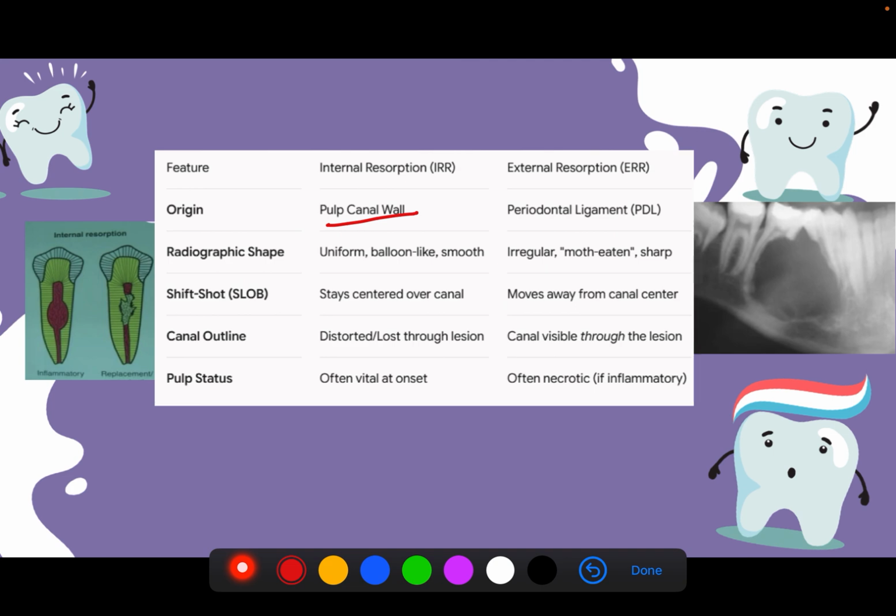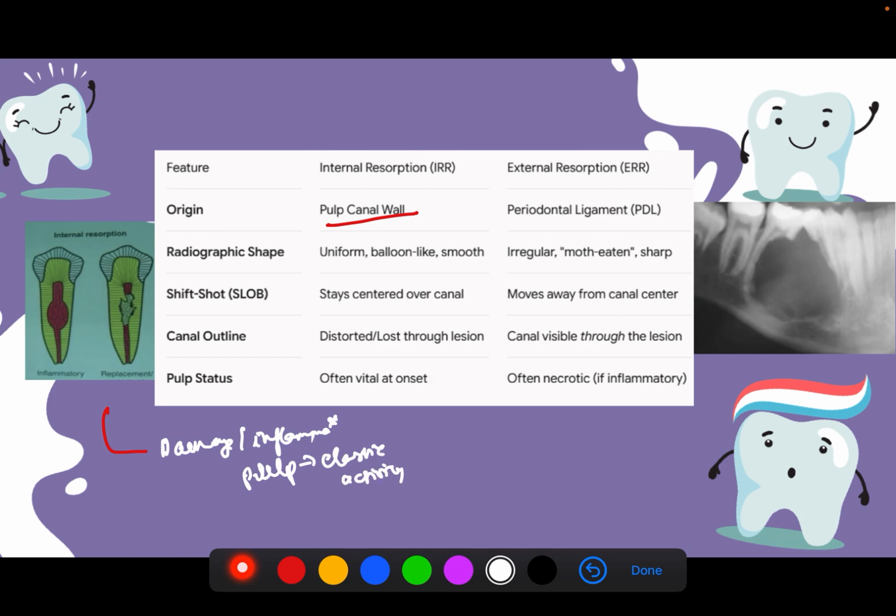What is the pathogenesis of internal reabsorption? Basically, there is damage or inflammation of the pulp, and this leads to clastic activity.